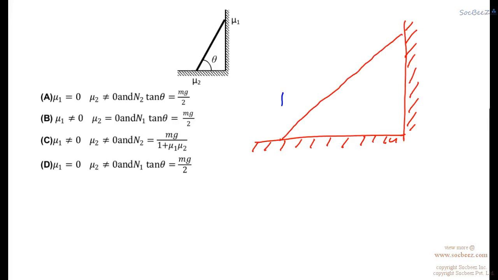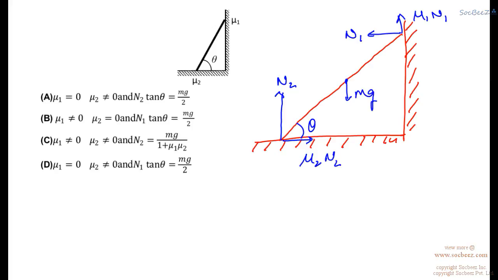This will be n2, this is theta, this is n1 here, and the friction which is mu1 n1, and this is mu2 n2. Okay, and here somewhat in the middle, mg, which is the force due to weight. Okay, so this is point B and this is point A.